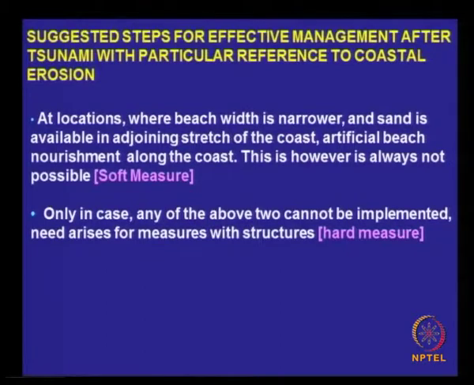Only if either of the above two methods, that is plantation or artificial beach nourishment, is not possible, we should think of structural measures. For structural measures we have enough knowledge, we can do them, but try to keep structural measures as a last priority.